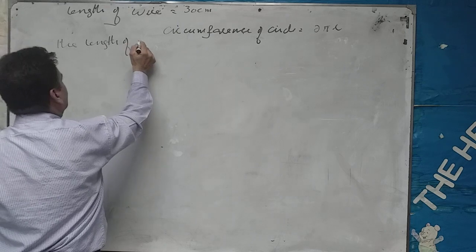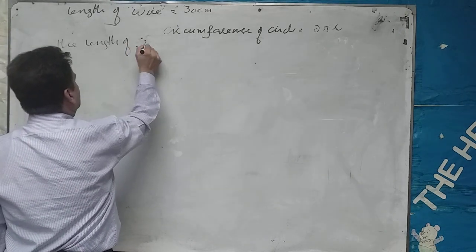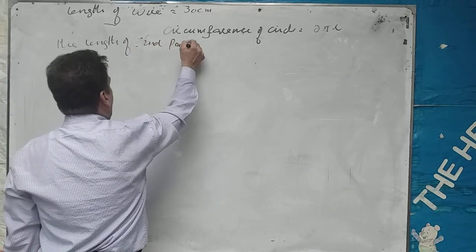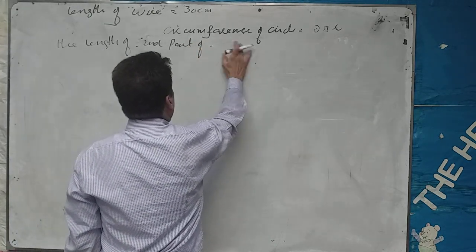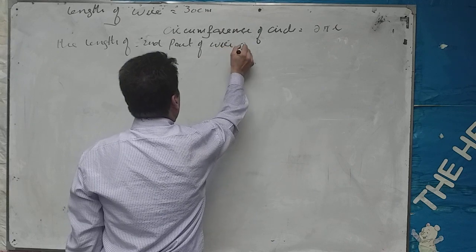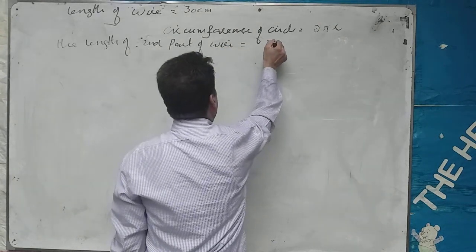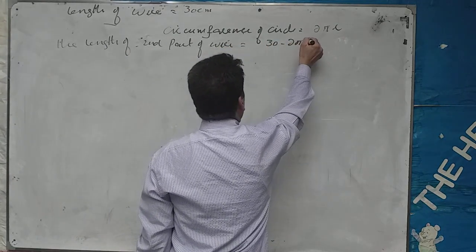The length of the second part of wire will be 30 minus 2 pi r.